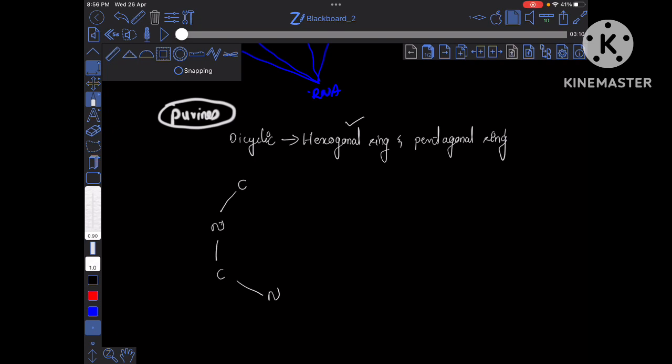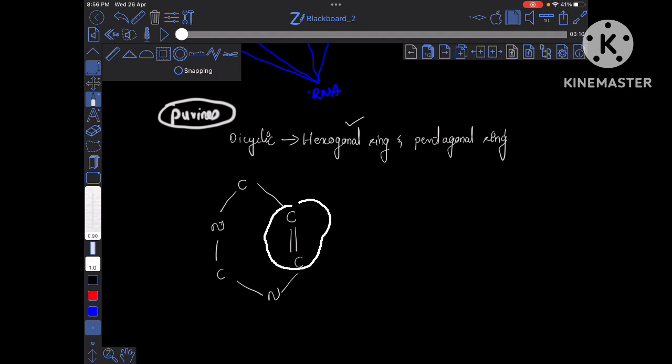It contains alternate carbon nitrogen residues. The right side carries only carbon residues. Okay, so the hexagonal ring is completed. Before that, the middle carbon residues always carry a double bond.